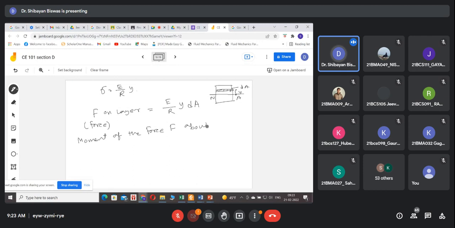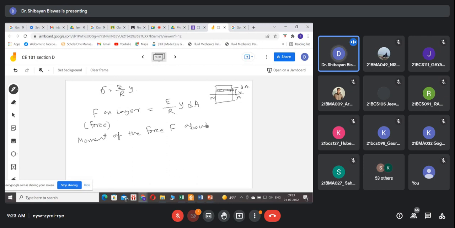Again, if we want to see the total moment of force on the entire beam section, the total moment on the beam section is integration of E by R y square dA.